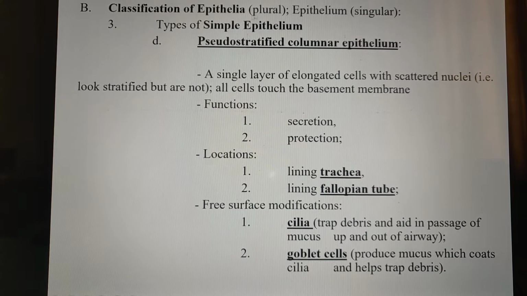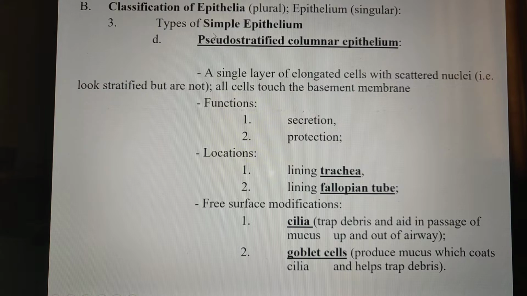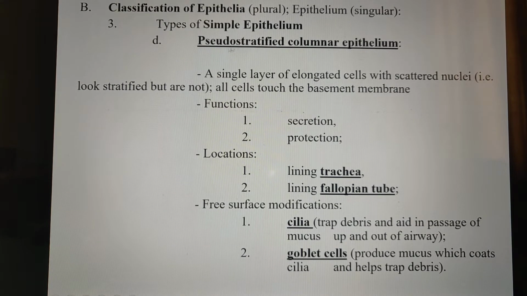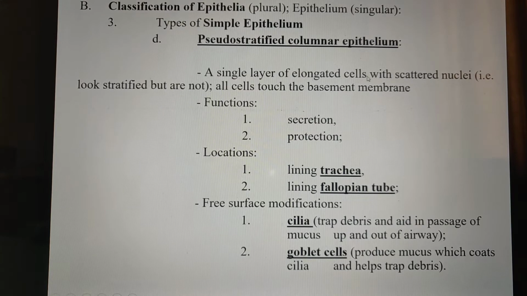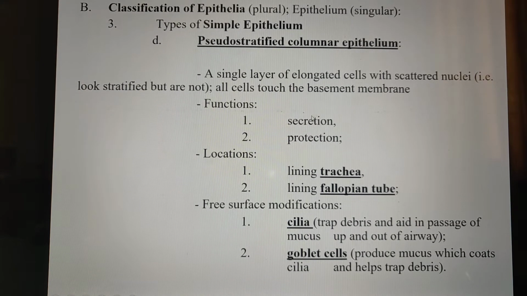The fourth type of simple epithelium is the pseudostratified columnar. Pseudo means false, so false stratified. Actually, it is a single layer of elongated cells with scattered nuclei, that looks stratified but is not. All cells touch the basement membrane.